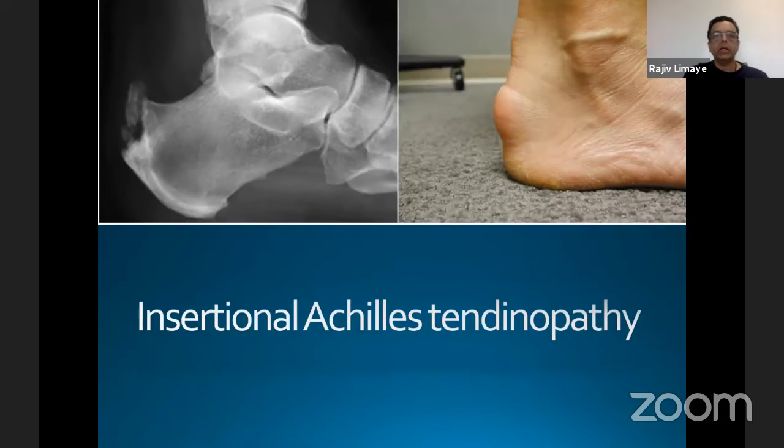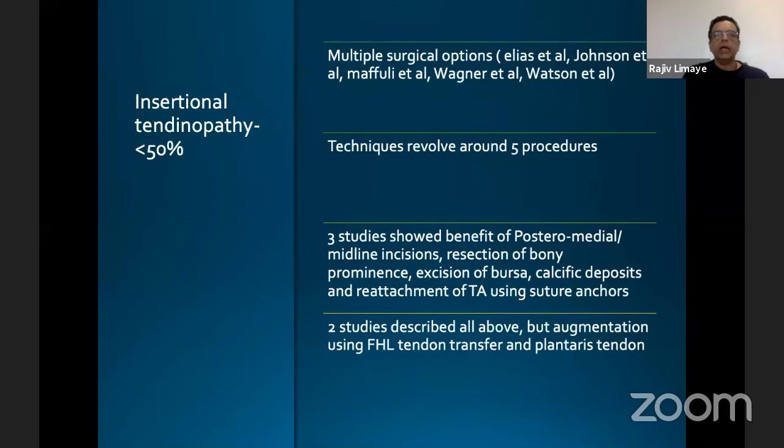The insertional tendinopathy is the commonest variety that we see in our practice here in the UK. It can be seen in mid-portion Achilles tendinopathy as well, but the results of this particular condition are slightly better than the mid-portion Achilles tendinopathy. So it is approximately 50%, and there are various surgical options provided.